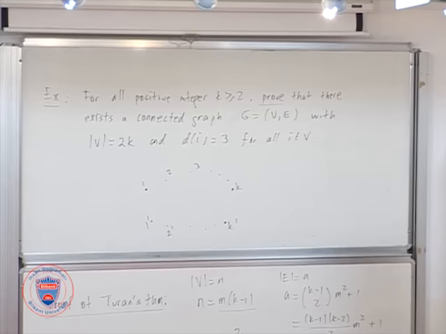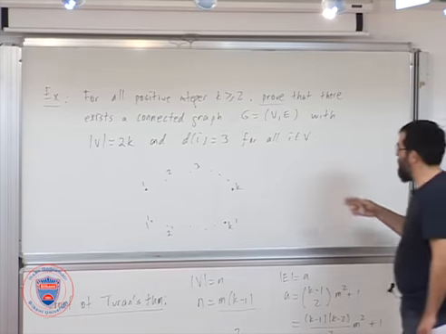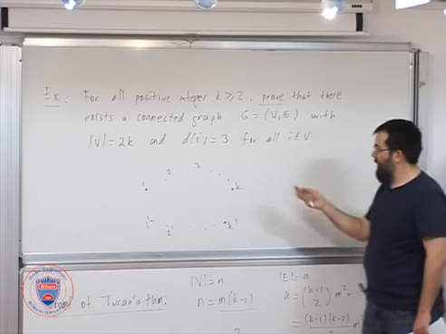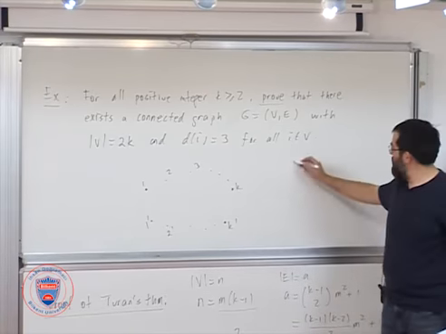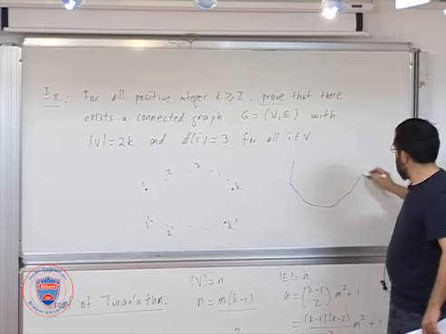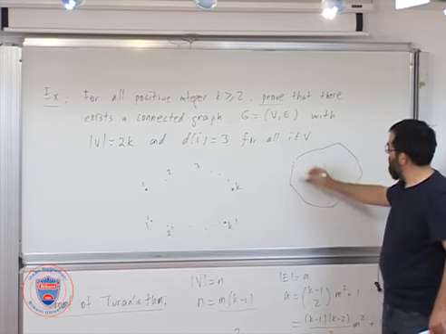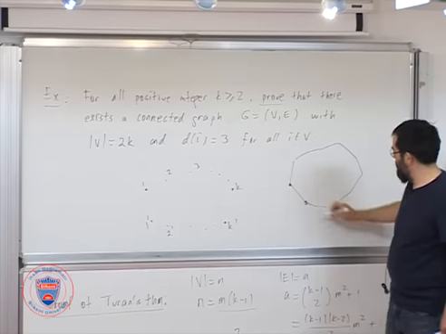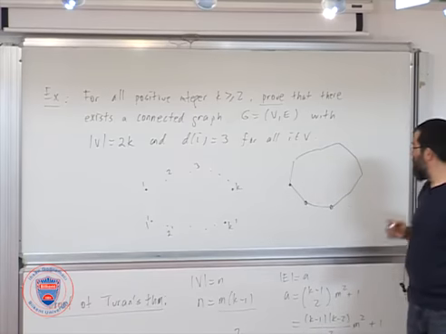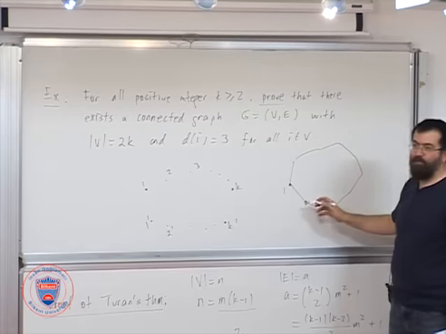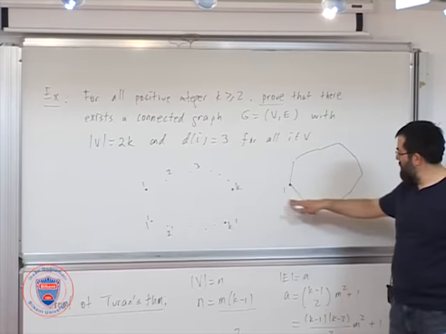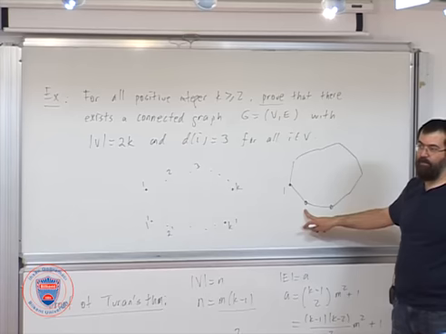Okay? So the best way to get the degree to 3: first, you can connect each vertex with an edge to its neighbors on a cycle. This is a typical graph where the degree is 2 for every vertex. Right? So to make it 3, you just need to make sure that the neighbors are not primed vertices.